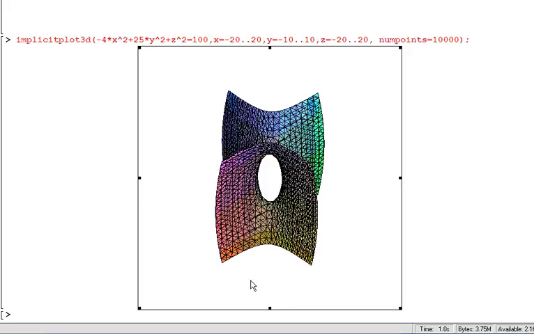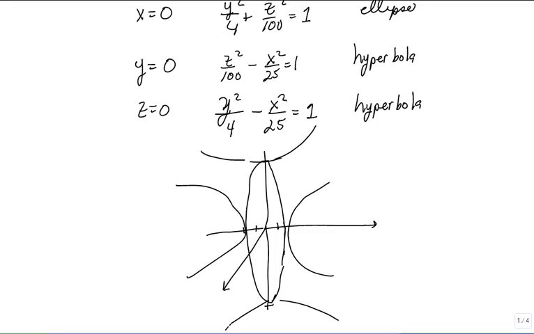Okay, let's look at, here we don't have to graph them, we're just going to classify them. 30. And that's a cone.